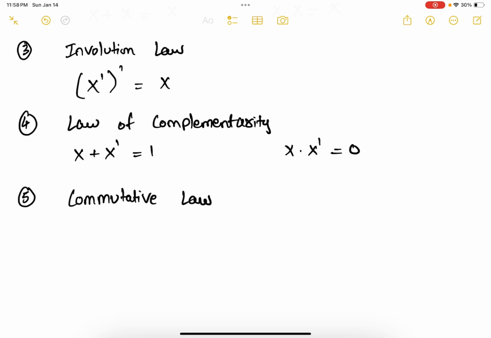So as per commutative law, x or y is y or x and the dual is x and y is y and x. So you have seen most of this in basic mathematics. In Boolean algebra, you have similar things.